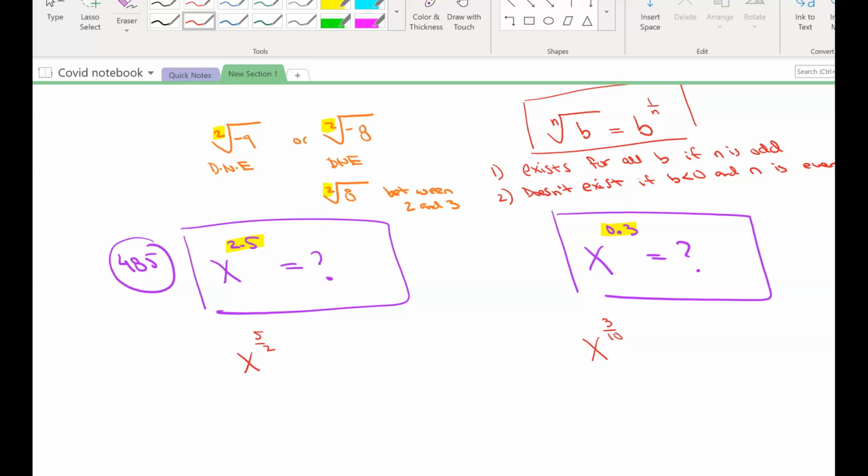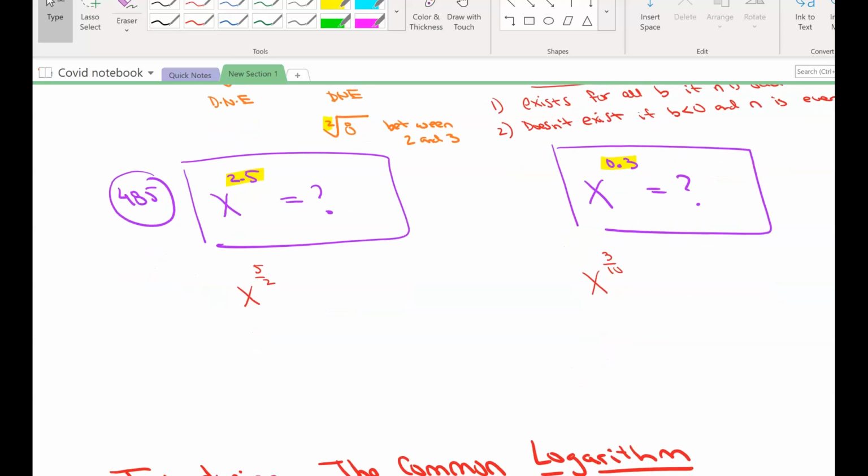Okay? Now your text asks you to go one step further. It says, explain why calculating this is a square root problem. What I'd like you to do is, I went from a decimal exponent to a fractional or rational exponent, then the third step is to rewrite these expressions as what's called a radical expression.